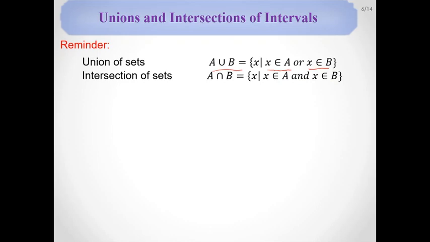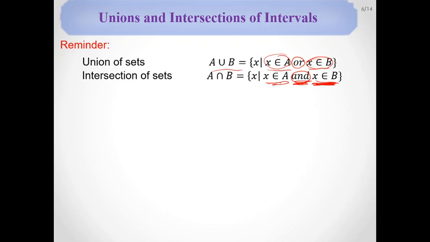Then the intersection is the elements that are common in B and A. So there's the AND condition here, and there's the OR. The OR condition means whatever you see in A and B, take them. But AND means you have to take the common elements in A and B.